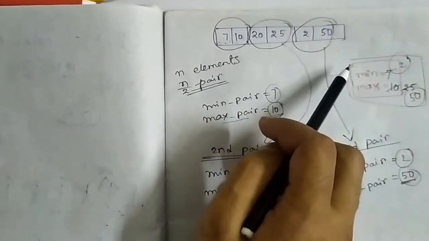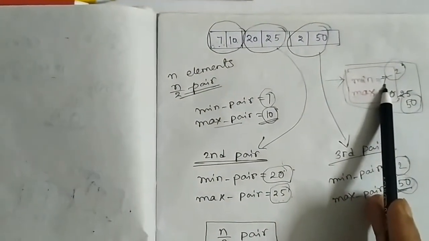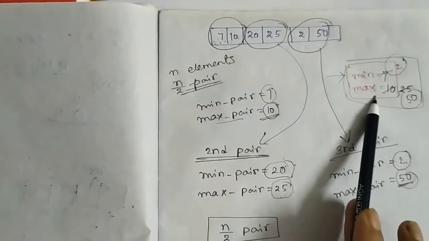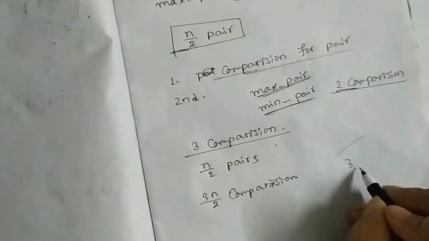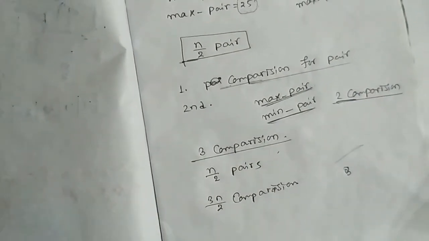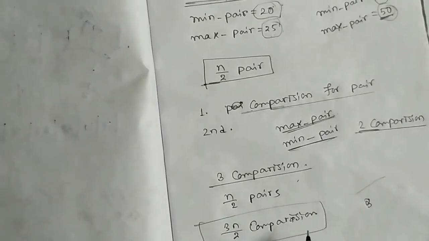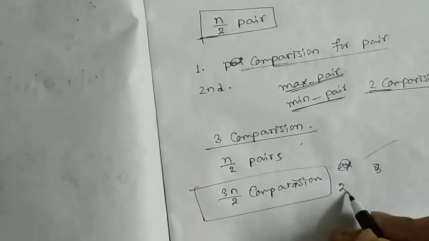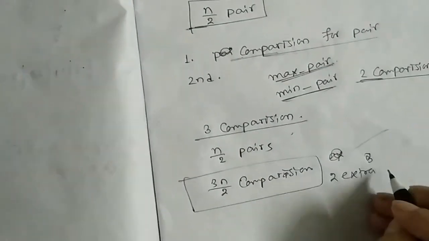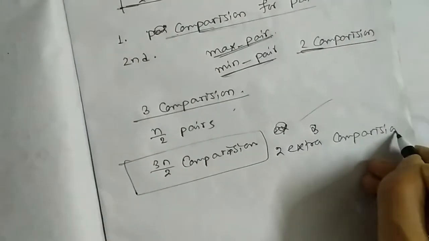In this case we didn't compare it with the initial value of the minimum and the initial value of the maximum. So for the first pair, we actually didn't do 3 comparisons, we did 1 comparison. So in 3n by 2 comparisons, I counted 2 extra comparisons for the first pair.